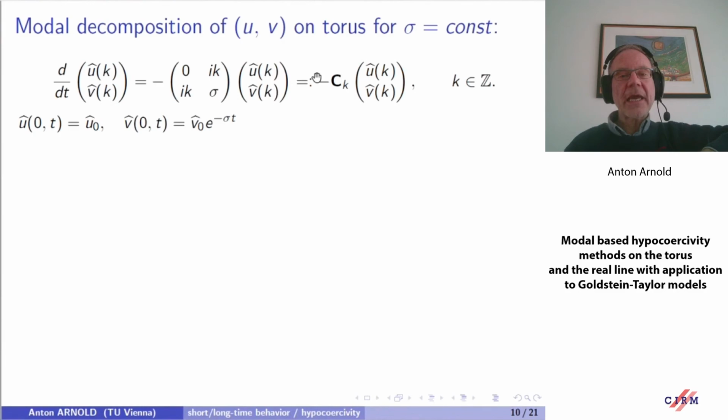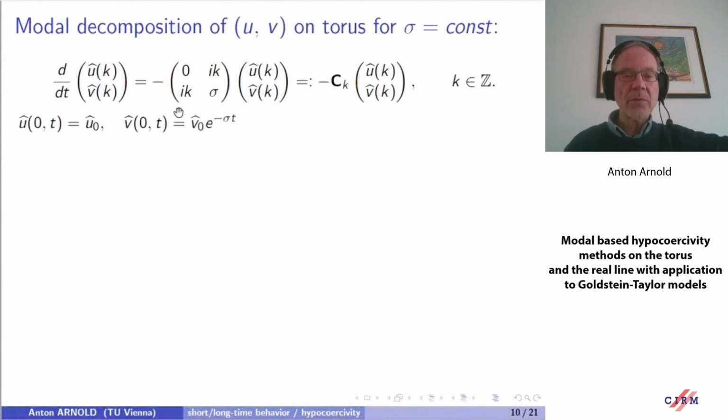So in the case on the torus with the constant relaxation rate sigma, I Fourier transform the system for U and V from the previous page. So I have this 2x2 ODE for each spatial mode with the integer index k.